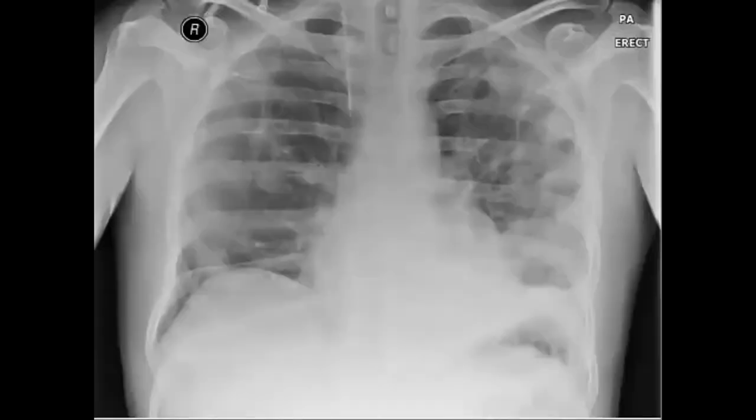So let's go to this and try to describe. This patient is about a 23-year-old male who has acute onset of shortness of breath and hemoptysis. Yes, Huda, thank you. Okay. So try to describe the X-ray if you can.